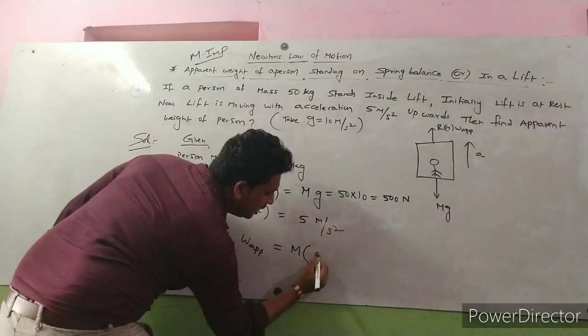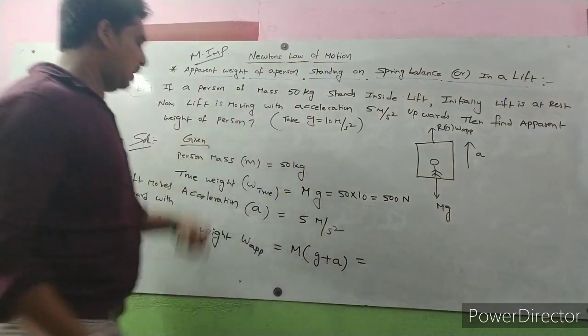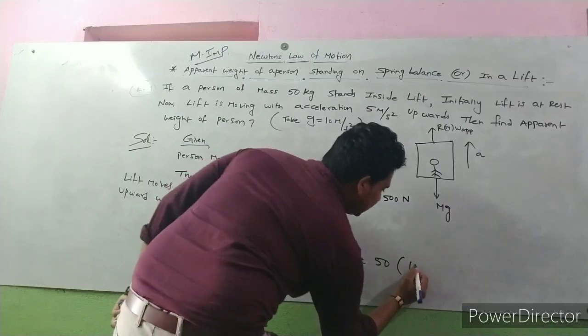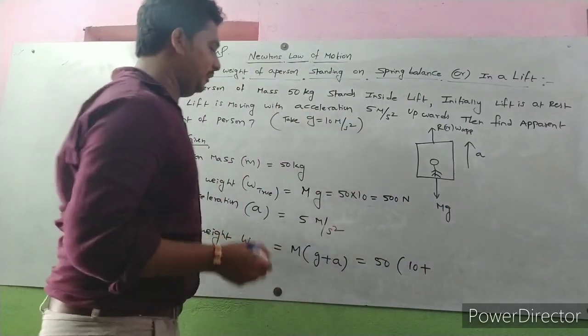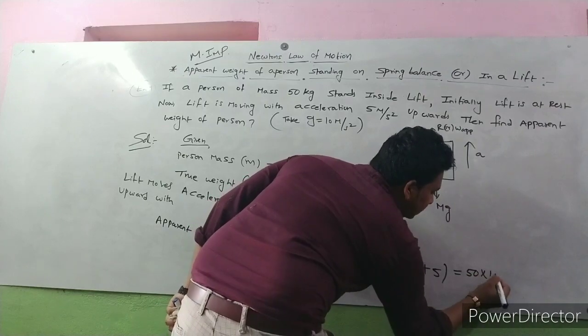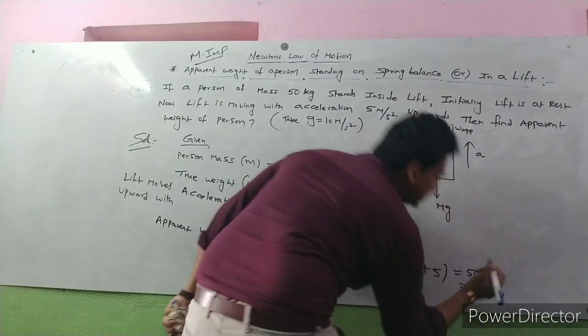Here m is 50, g is 10, acceleration is 5, so that means 50 into 15. So we get 750 newtons.